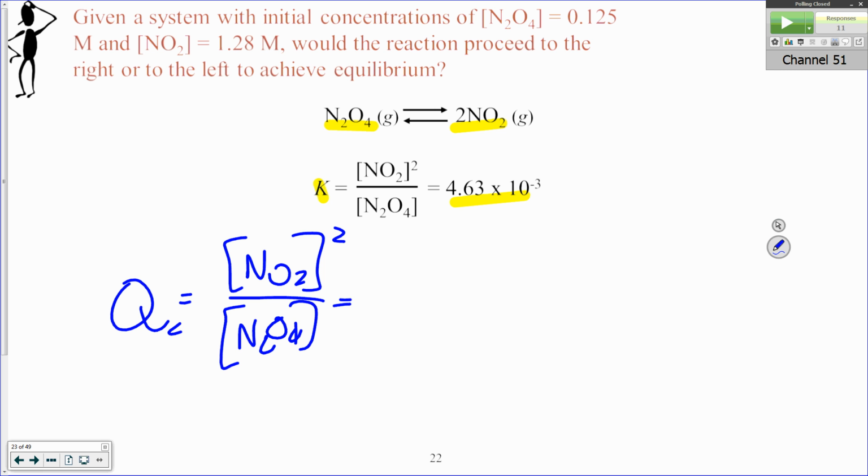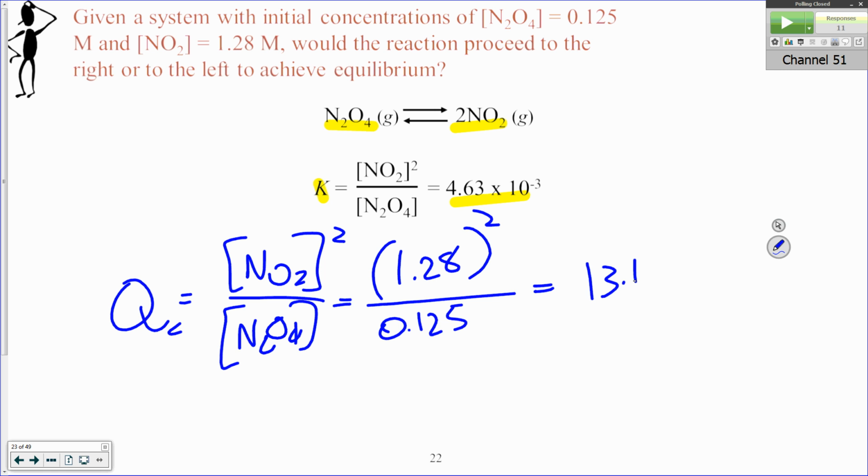The NO2, 1.28. Got to remember to square it. The N2O4 is 0.125. I put my numbers in, 1.28 squared, and I get the value of Q is 13.1.